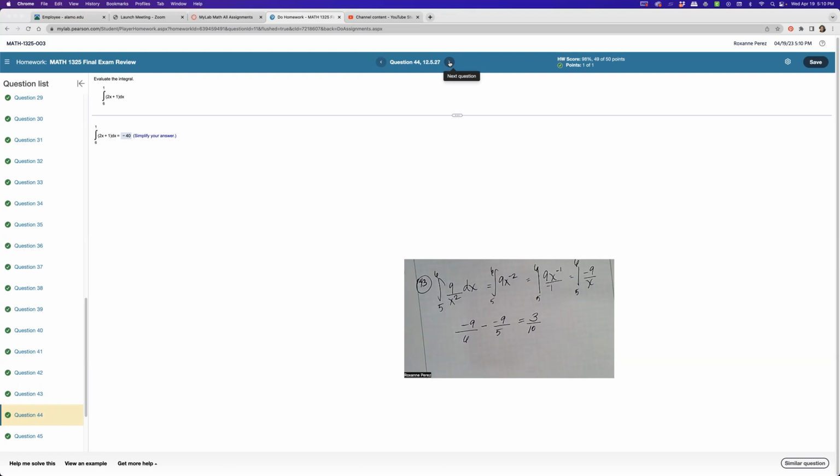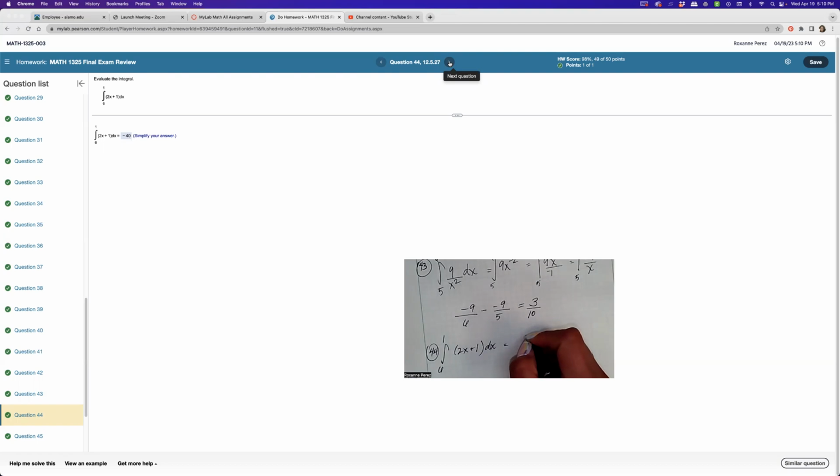Now 44. Integrating from 6 to 1 of 2x plus 1. That's going to give us 2x squared over 2 plus 4x. Reduce that, it's going to give us x squared minus 4x.